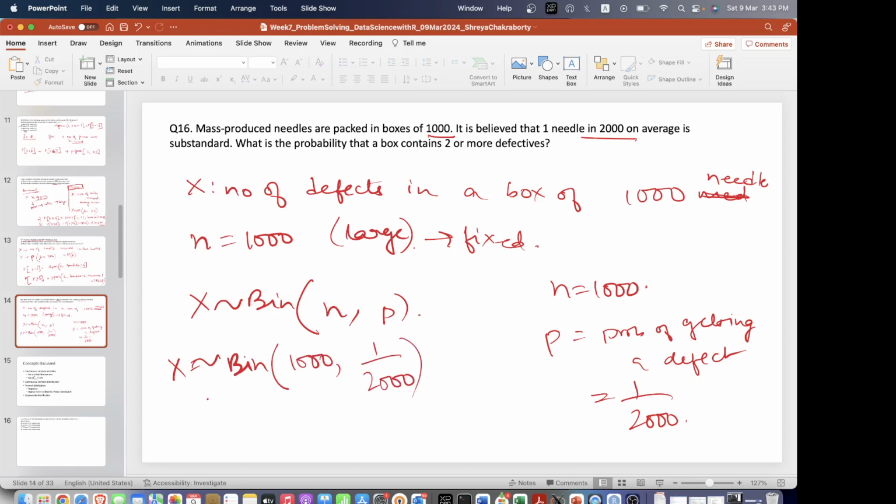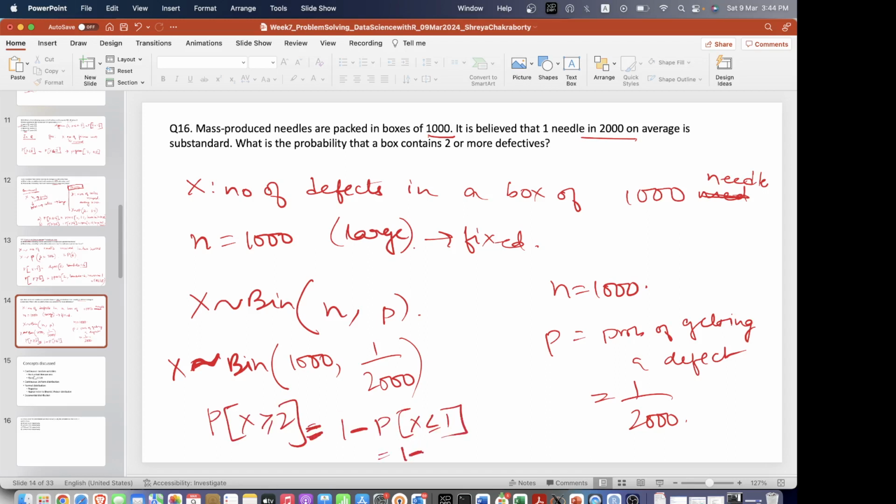In order to find this out, you can directly apply the binomial. If you want to find two or more defective, x greater than or equal to 2, you can just write it as 1 minus probability x less than or equal to 1.